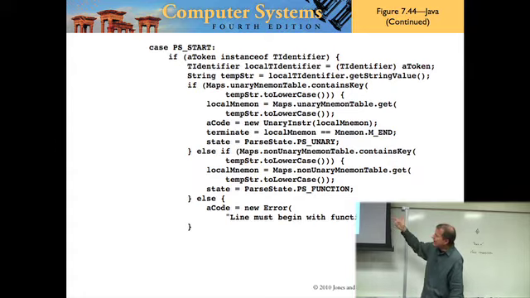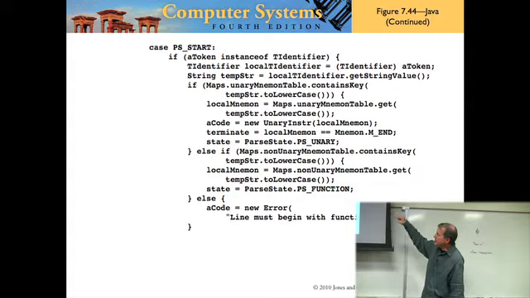So what we need is a local T identifier, which is a specific one, and then we typecast the a token to be the specific one. Are you with me?